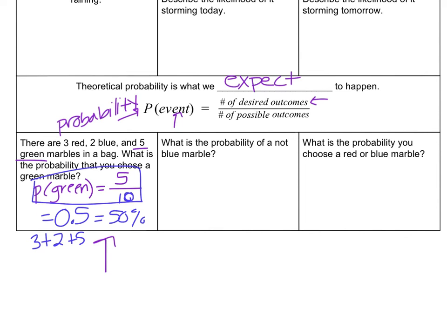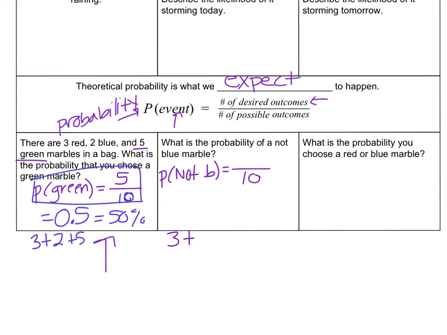Okay. Then the probability for this one, what's the probability of a not blue marble? So probability of not blue, just going to put not B. Okay, we already know that there's 10 marbles total. Ones that aren't blue would be red. There's 3 of those.